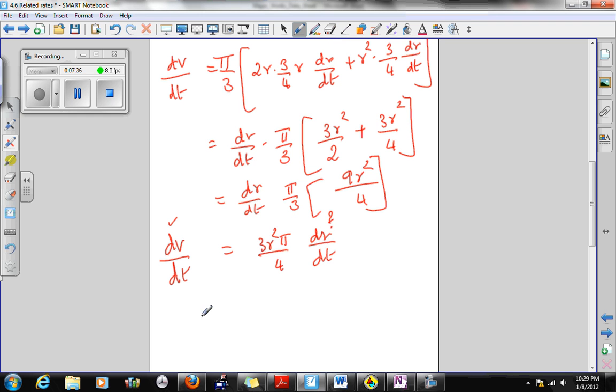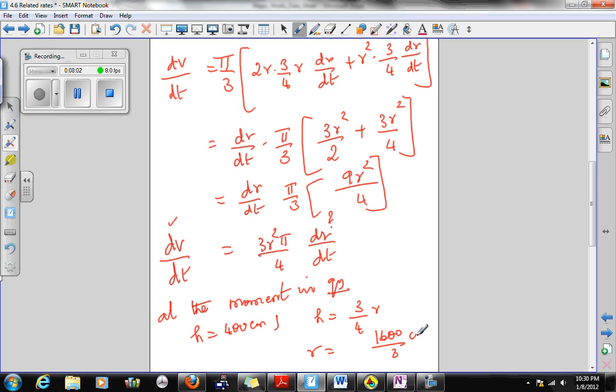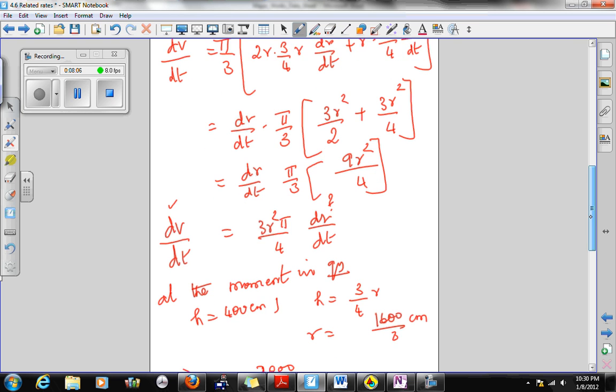So at the moment in question we have h as 400 centimeters, and the relationship between h and r is h equals 3/4 r. Substituting h as 400 centimeters, r will be 4 times 400, which is 1600 over 3 centimeters.